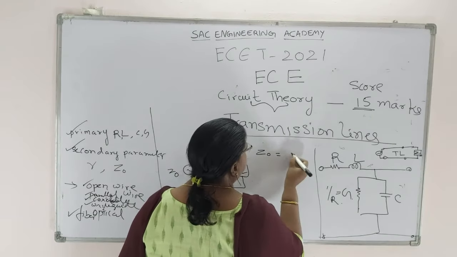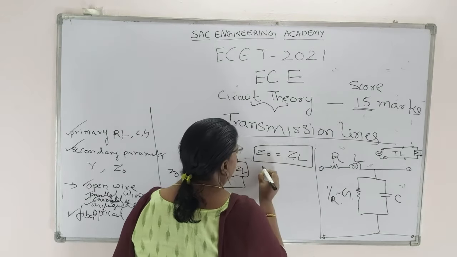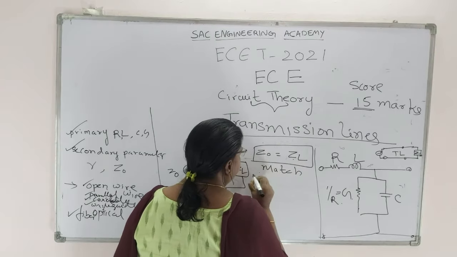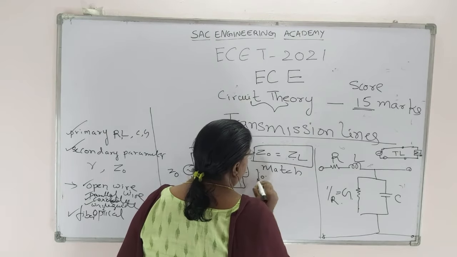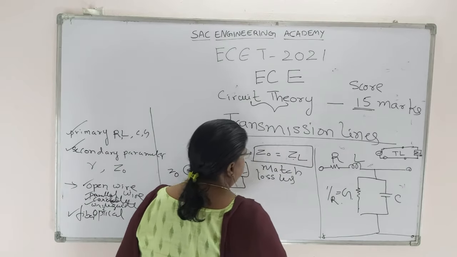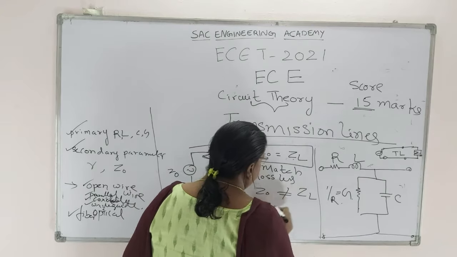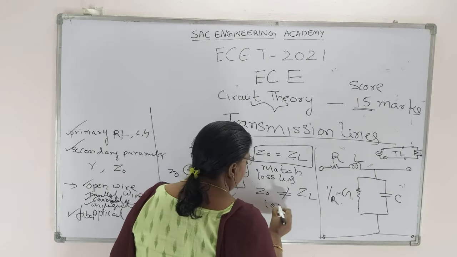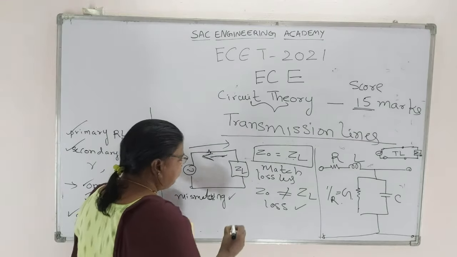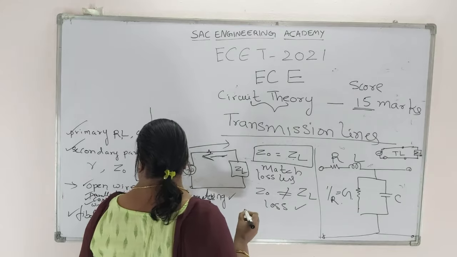If Z0 and ZL are both equal, then it is called good impedance matching, so there are no losses, lossless. If Z0 is not equal to ZL, there will be losses present.